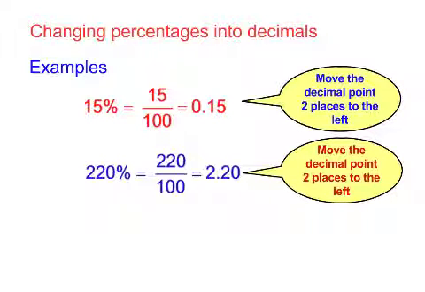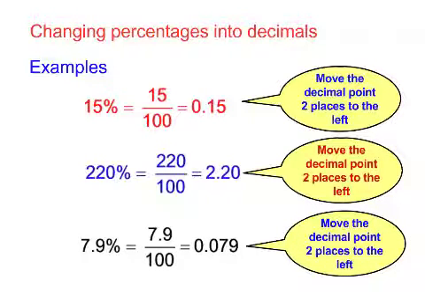Similarly, with a large percentage, 220% is the same as 220 divided by 100. So the quick way to do this is to move the decimal point 2 places to the left. So we end up with an answer of 2.2. So 220% is 2.2 as a decimal.